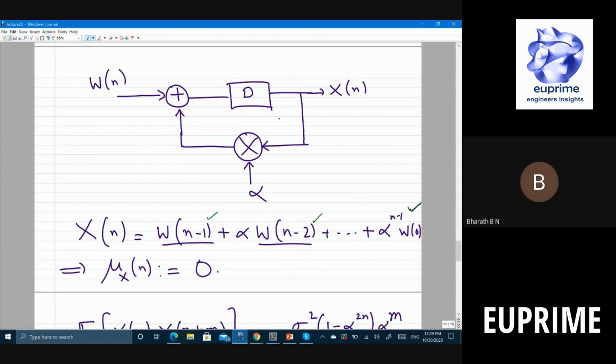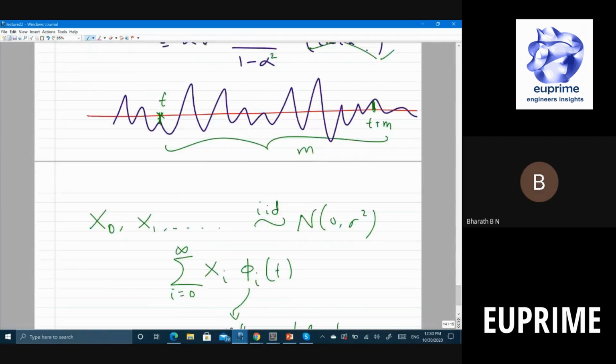Of course, we have done that. We could have used it directly here. The variance of the sum is nothing but the sum of the variances. So this will give me sigma squared, this whole thing will give me alpha squared sigma squared, and this will give me alpha to the power 2(n minus 1) sigma squared. When you add them, you get that expression. It's a geometric series with the alpha squared term instead of alpha. That's how you get that expression. You can generalize that. It's pretty straightforward.